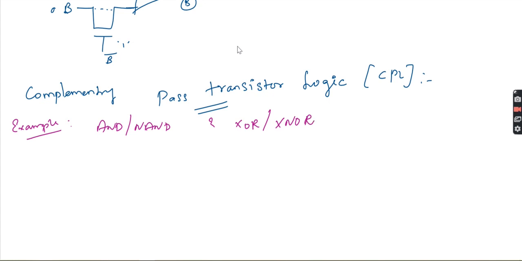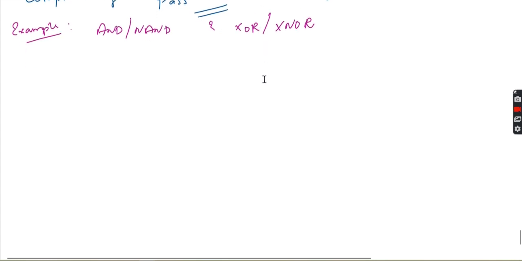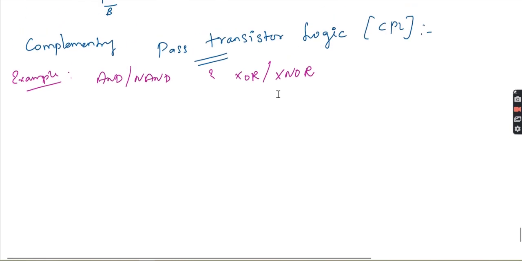So let us implement the AND gate or NAND gate, where we have to get both functions using PMOS and NMOS. It's very simple to implement. Complementary logic is a kind of transmission gate, or I can say both NMOS.